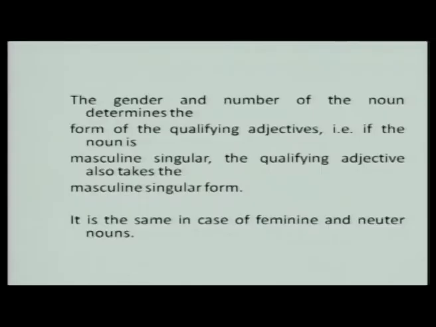Dear learners, the gender and number of the noun determines the form of qualifying adjectives. That is, if the noun is of masculine singular, the qualifying adjective also takes the masculine singular form. It is the same in the case of feminine as well as neuter nouns.